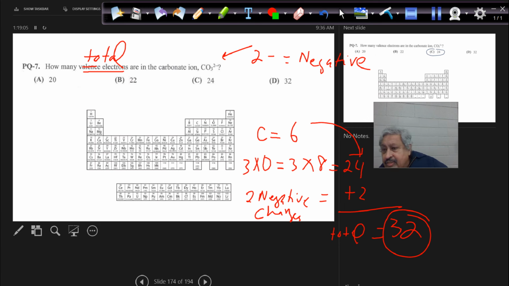And they say the answer is 24. Well, that's a mistake here. 3 multiplied by 8, how much? 24, correct? And how many do we have for carbon? 6.